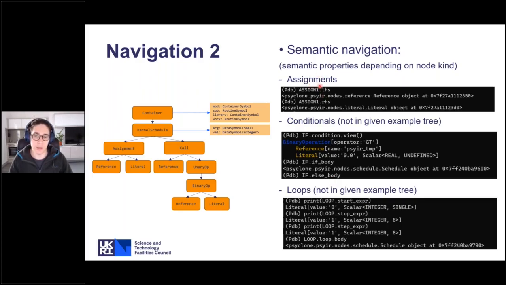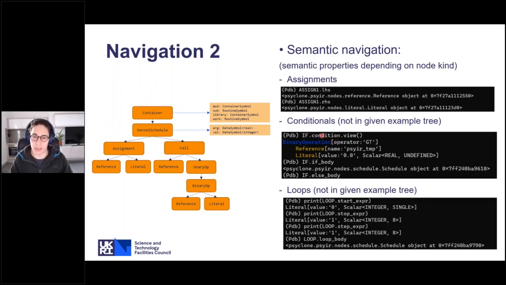For instance, for assignments, we provide left-hand side and right-hand side semantic navigation operations. Conditionals and loops are not here in this example, but still, I think it's where these semantic navigation operations are more useful.